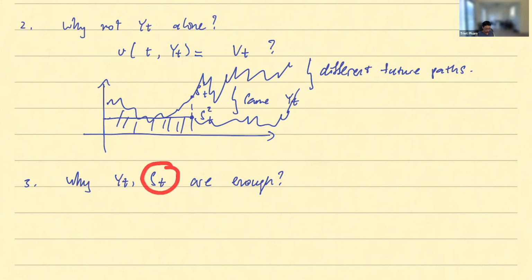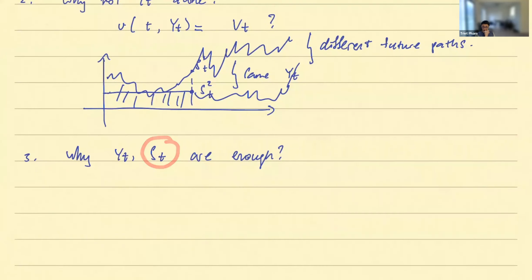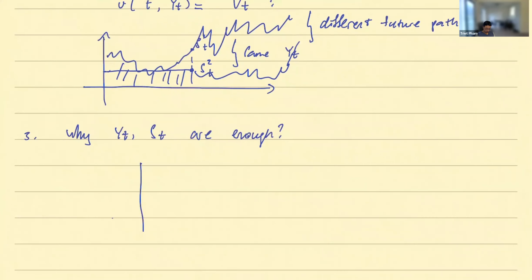But are we sure that just throwing in the current stock price will nail it? Because notice that throwing in the current stock price doesn't nail the past path either. Agree?